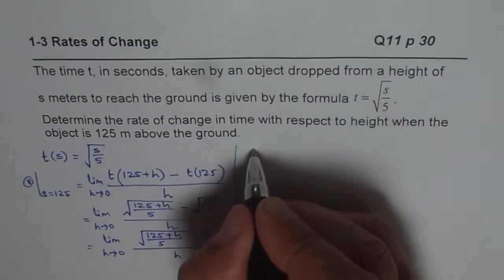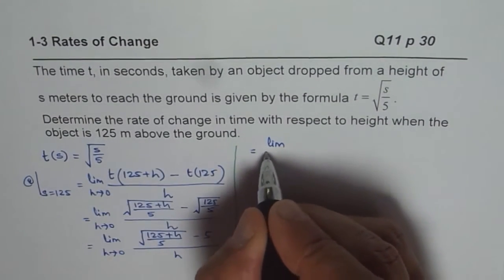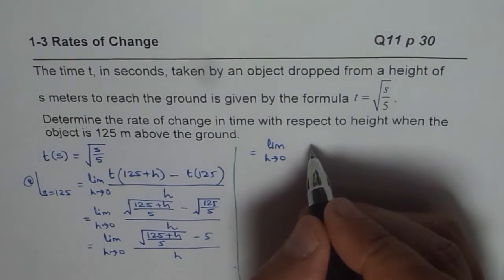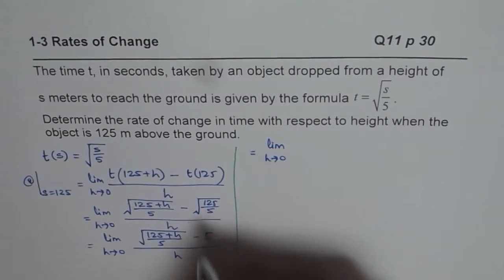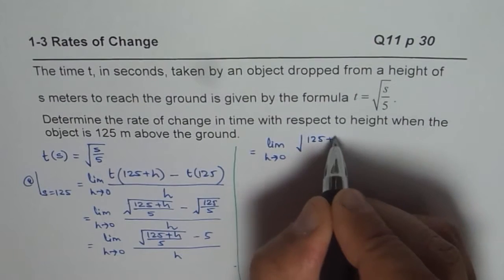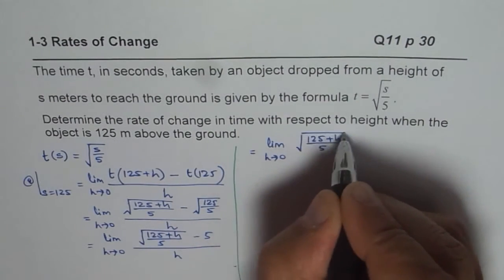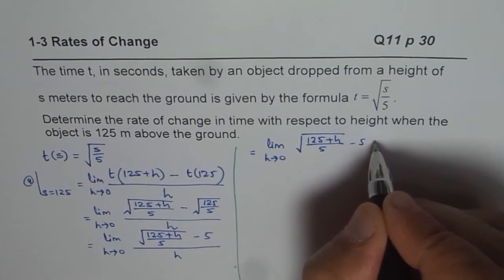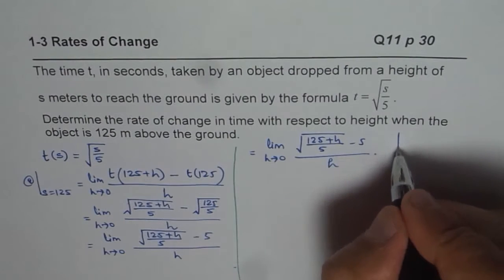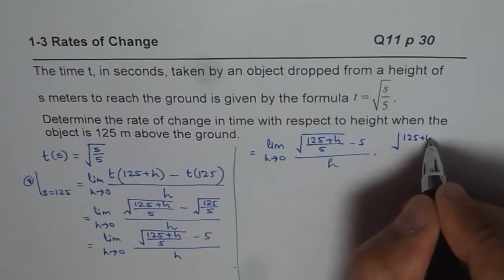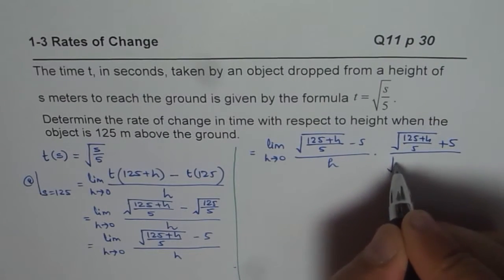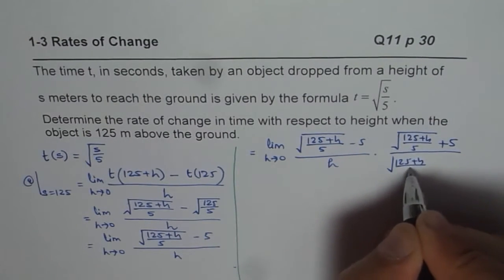So what we get here is limit h approaches 0. We'll rationalize this particular factor. So we get square root of (125 plus h) over 5, minus 5, over h, and then we rationalize with square root of (125 plus h) over 5, plus 5, over square root of (125 plus h) over 5, plus 5.